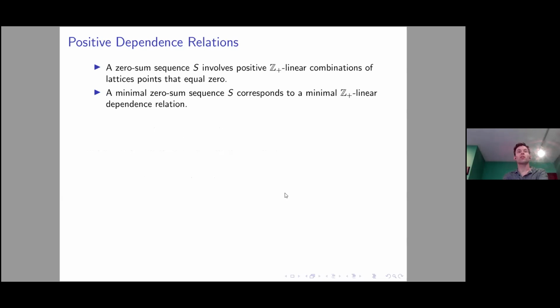So there's one way to sort of view a zero-sum sequence. It basically corresponds to a positive Z linear combination of these lattice points that adds up to 0. So it's a kind of positive dependence relation over the integers of these lattice points. And a minimal zero-sum sequence is a sort of a minimal positive Z linear dependence relation.